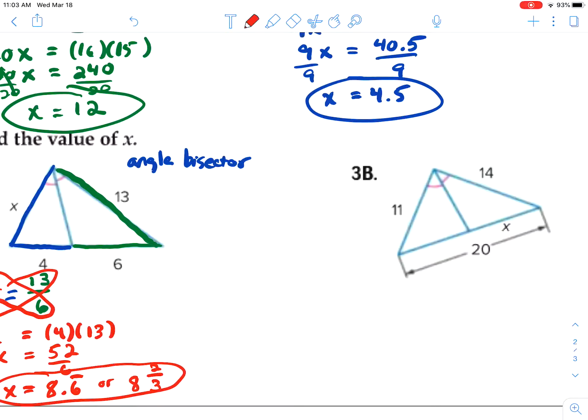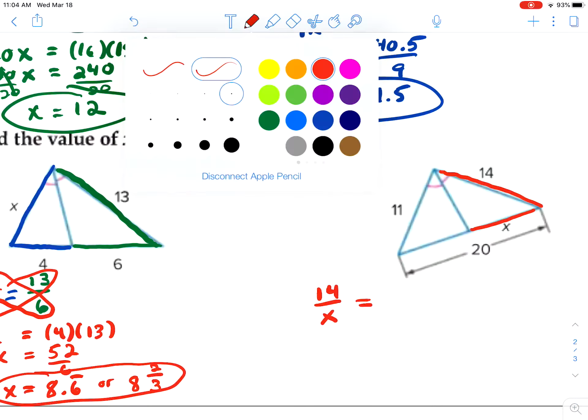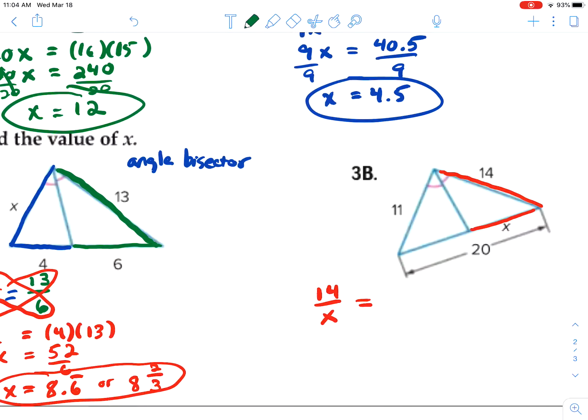And our final one here, notice that we also have a similar idea to what we had talked about in the examples here. So let's just compare our side lengths here. So if we know that this segment over here is x, let's just go ahead and write that in. So 14 over x is then going to be equal to 11.